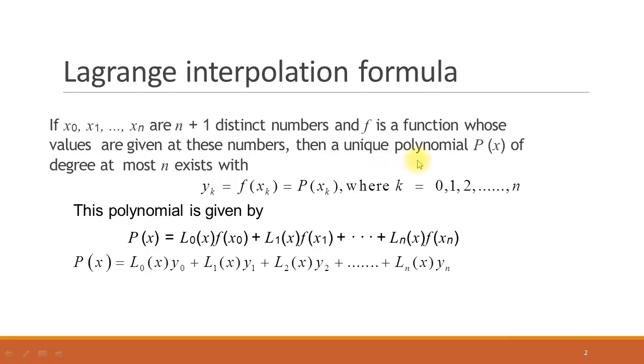Then a unique polynomial p of x of degree at most n exists with yk equal to f of xk equal to p of xk, where k is equal to 0, 1, 2 up to n. And this Lagrange polynomial is given by the Lagrange formula L0 of x f of x0 plus L1 of x f of x1 plus and so on plus Ln of x f of xn.